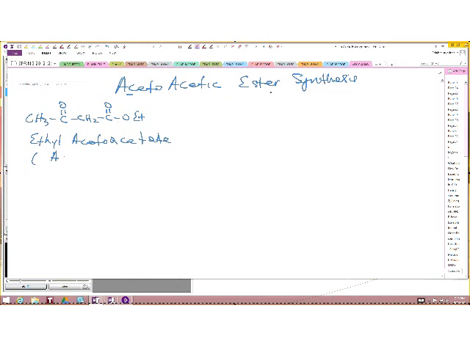The common name is this here, so acetoacetic ester.